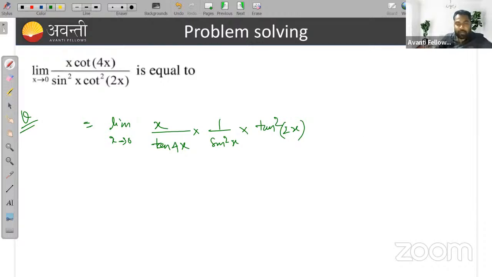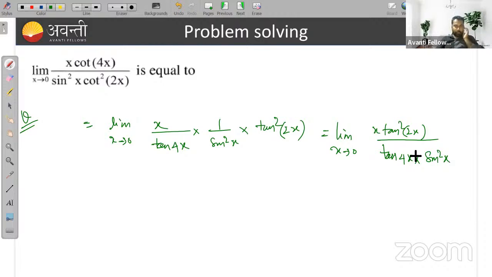So what we are getting here is limit x tending to 0 of x tan square 2x divided by tan of 4x into sin square x, right?